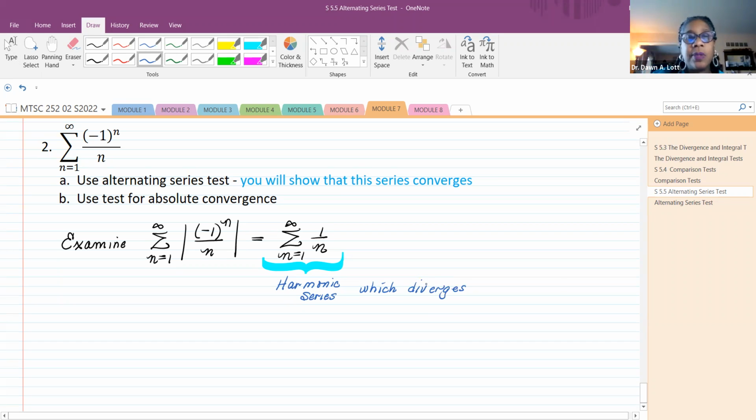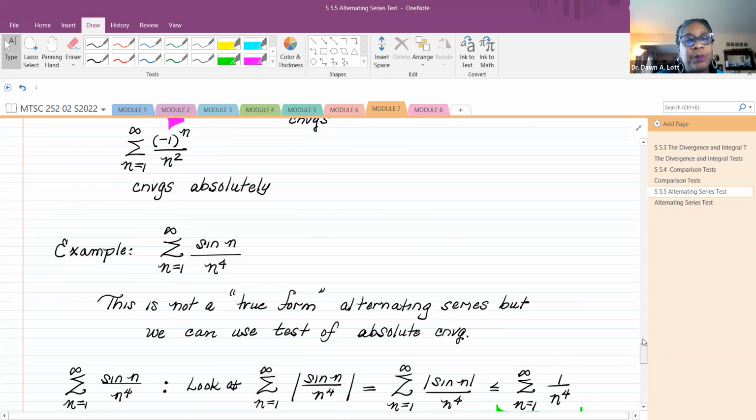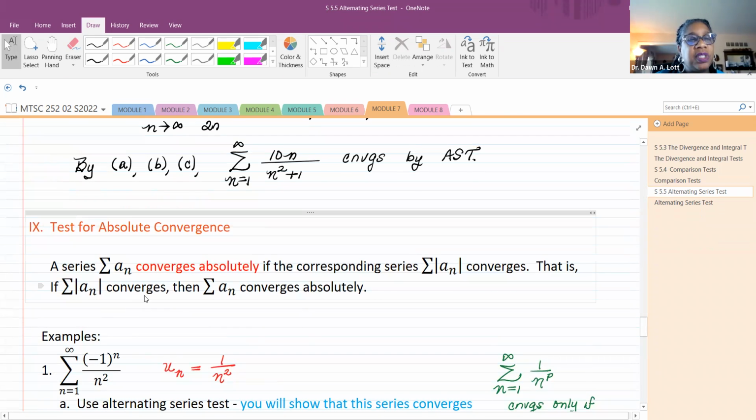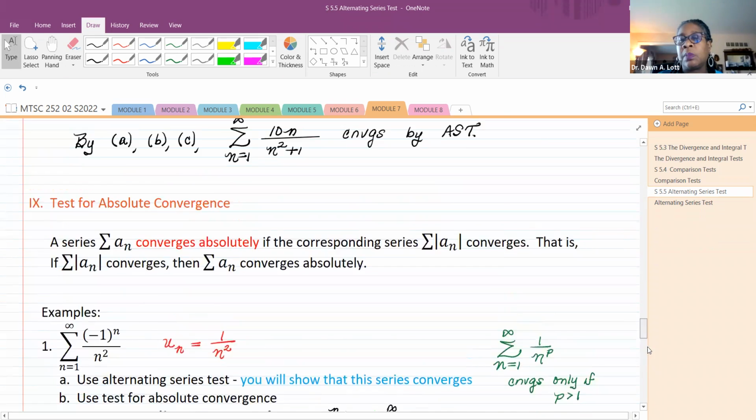Okay, so now, what does that test for absolute convergence say? The test for absolute convergence says, if the summation of this a_n converges, then the summation of the regular series converges absolutely.